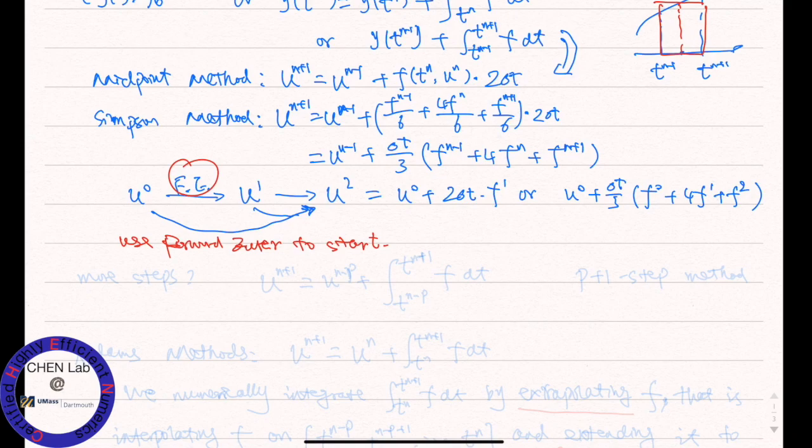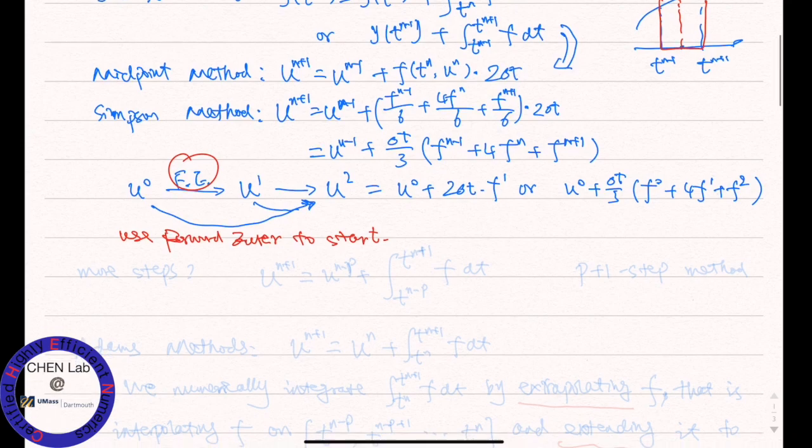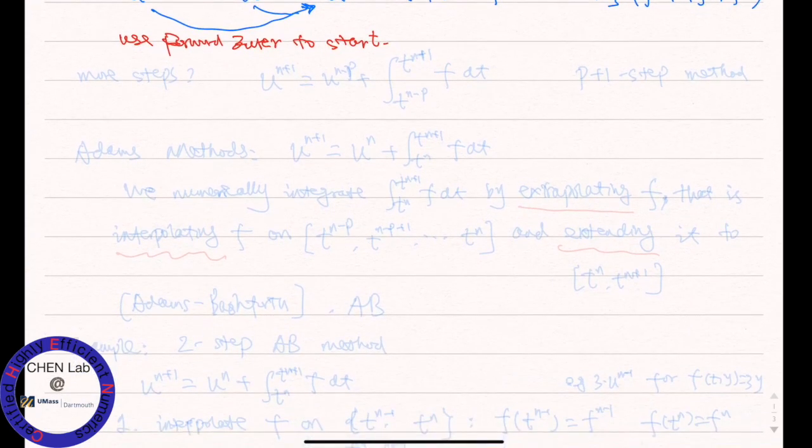So in general, you certainly don't have to start from Tn minus 1, right? If you think about it, we can start from Tn minus 2, Tn minus 3. More steps? That's certainly possible.